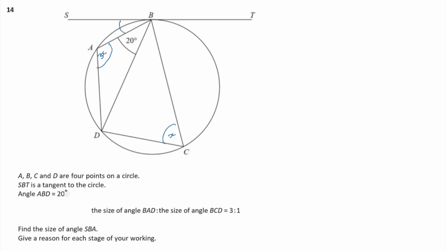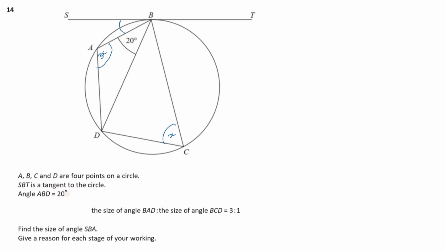Okay, right, so quite a lot going on in this diagram. We've got cyclic quadrilaterals, we've got this alternate segment theorem, and we've got a little bit of algebra that we've introduced because of the ratio. So we've got quite a lot happening that we're going to have to sort our way through.